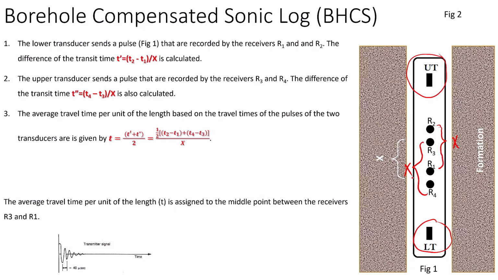So how does this logging tool work? First of all, the lower transducer produces a seismic pulse that propagates through the formation in this geometry. As you see, the geometry is kind of trapezoidal, and why we have such a geometry can be explained by Snell's law, which is beyond the scope of this presentation.